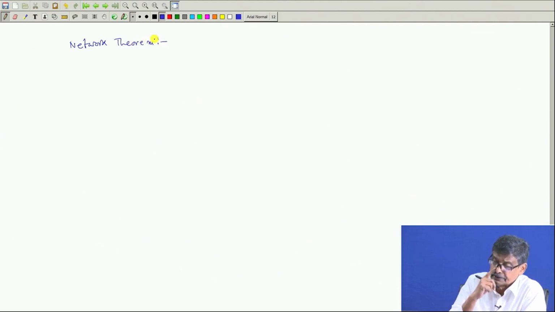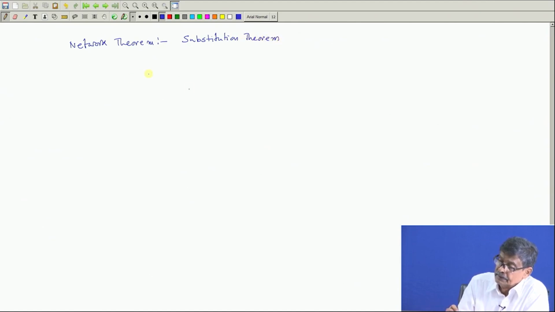Various network theorems, of which one of the popular theorems is the substitution theorem. That is, in any circuit, in any branch where there is an impedance, if it is carrying a current I, you can replace that branch by a current source I, things like that.